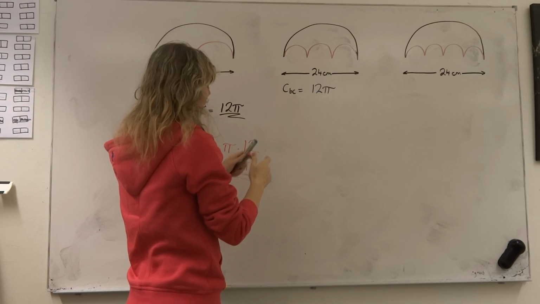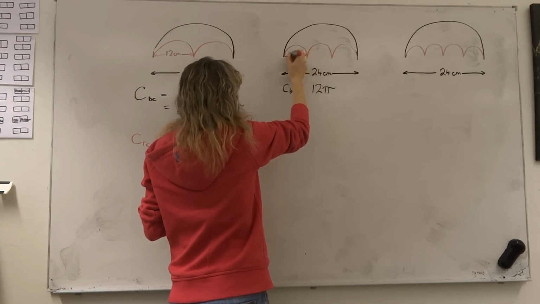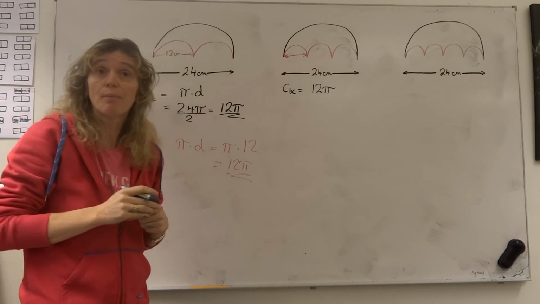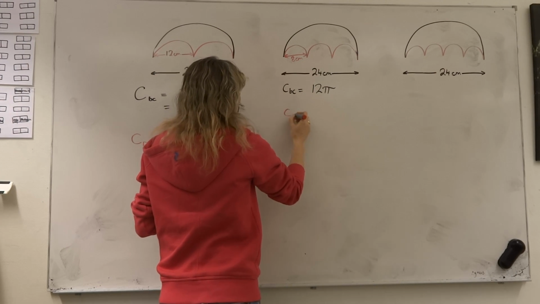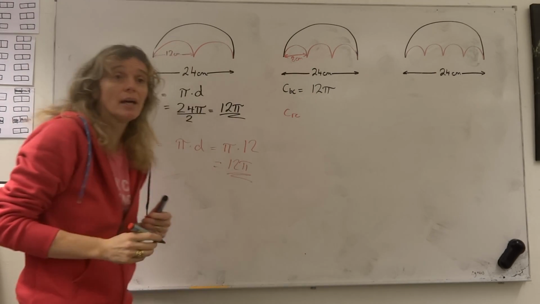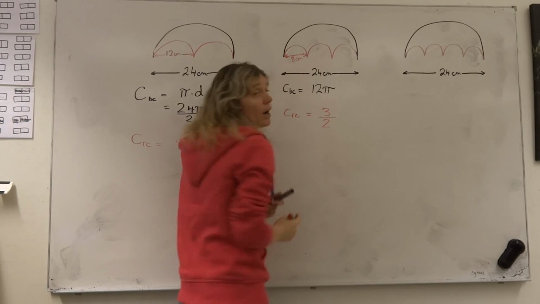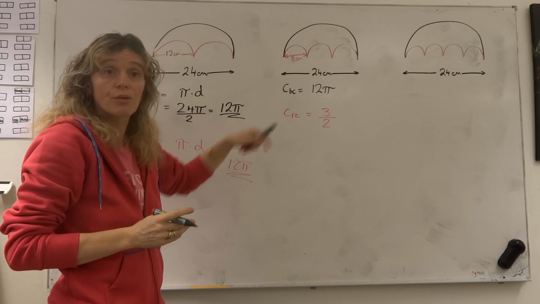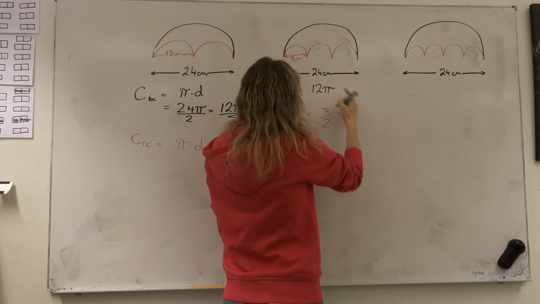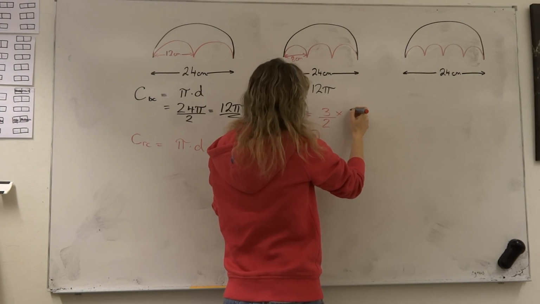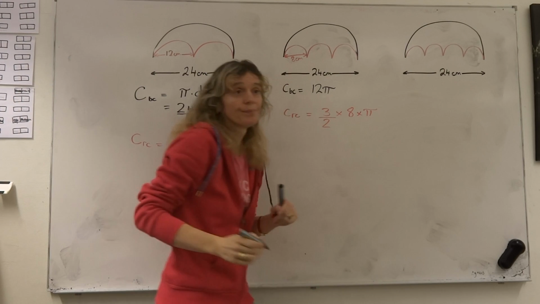But now, what about the circumference here? Well, the diameter of each of these red circles will be 24 divided by 3, giving us 8 centimeters. So the circumference of our red circle here will be 3 lots of a half, 3 half circles, multiplied by the diameter of each one, which is 8 centimeters, times pi.